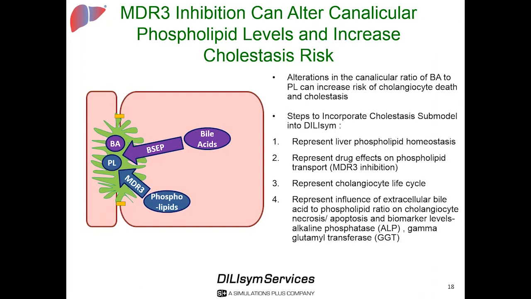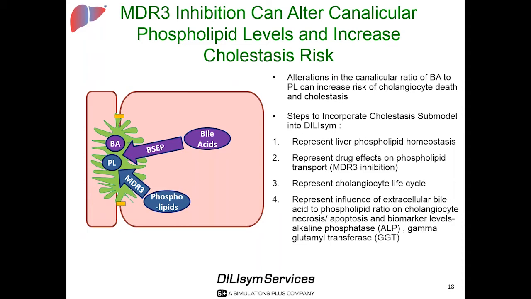Next, we've looked at and added to the software a cholestatic component. So MDR3 inhibition, which is a transporter in the liver, can actually lead to a disruption of the bile acid to phospholipid ratio. And so we wanted to represent this in the software, at least as a framework, so that we can start prediction in this area and understanding and exploring the science more.